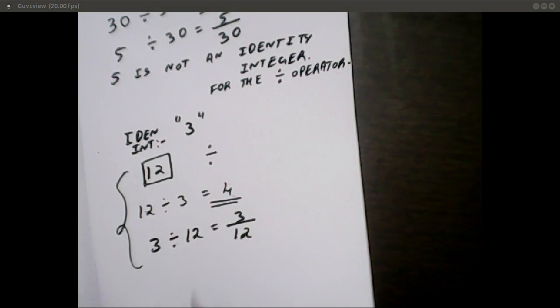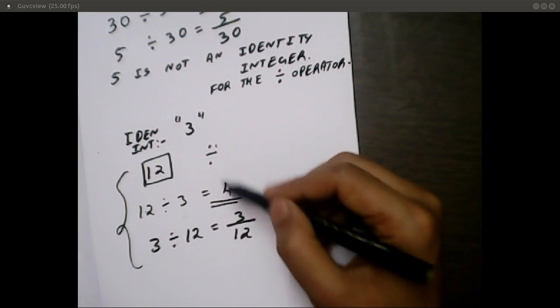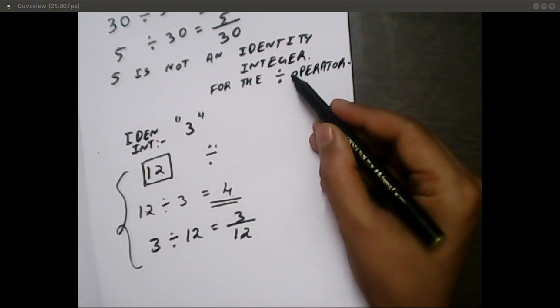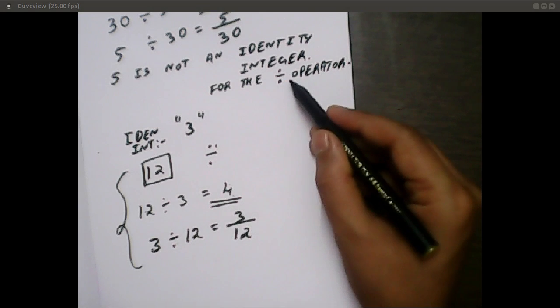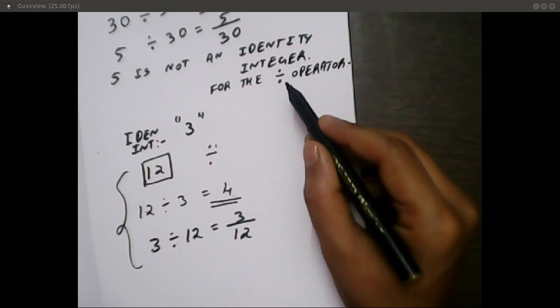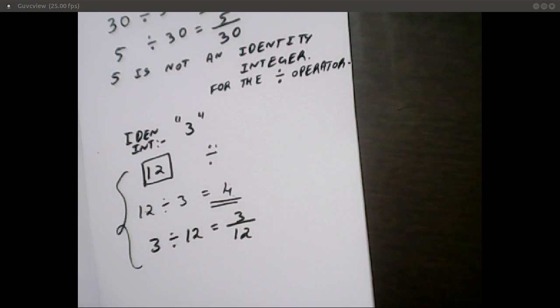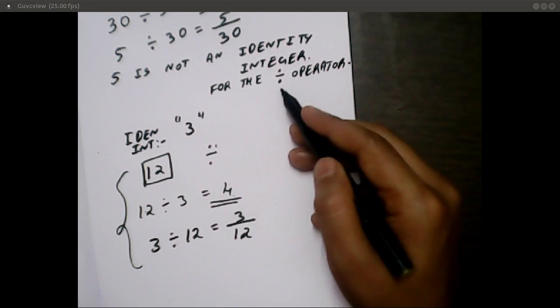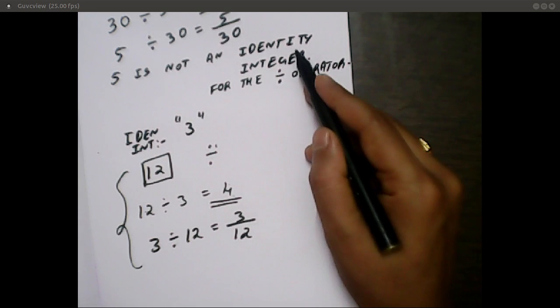Therefore, the division operator does not satisfy the identity property. Even if there was one number which satisfied this condition, that number would be the identity integer for division, but there is no single number for which that property is satisfied. Therefore, the division operator does not satisfy the identity property.